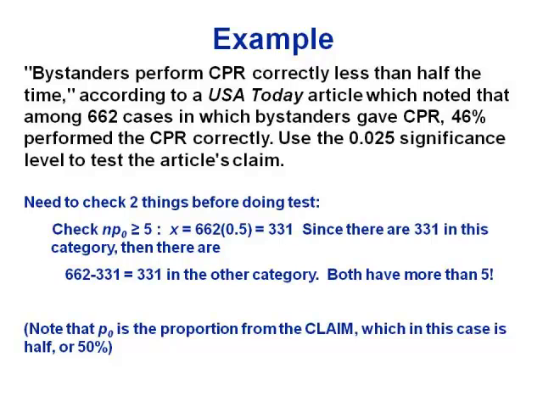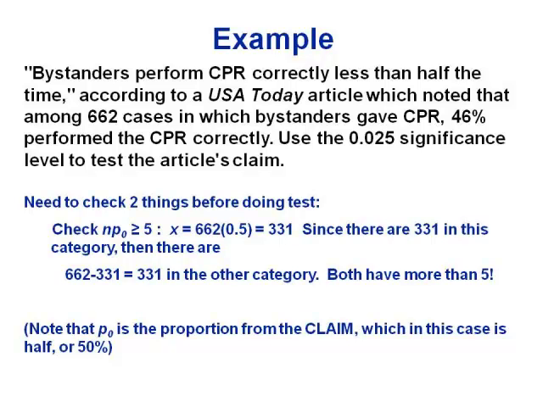All right. Well, the very first thing that you need to do is figure out whether there are 5 or more in each category. So we have a study in which 46% perform the CPR correctly, but remember I said the percentage that we're actually going to use to test the categories is the claim for the population.